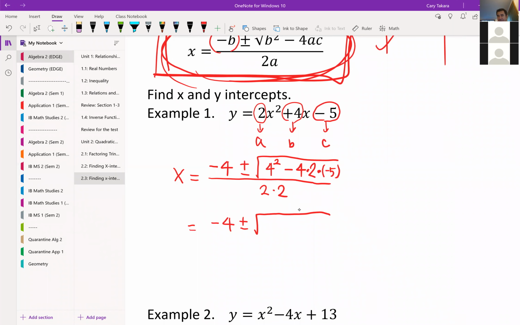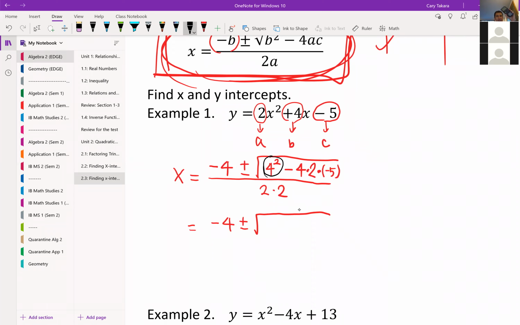But if you want to break it down, this is what I would do. First, let's figure out 4 squared. What's 4 squared, guys? It means 4 times 4. Yeah, that's 16, right?